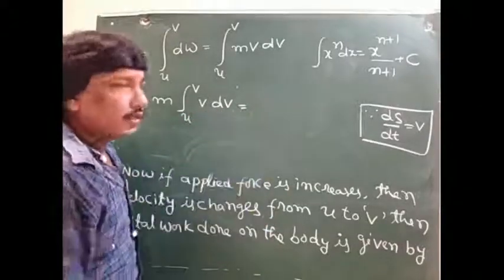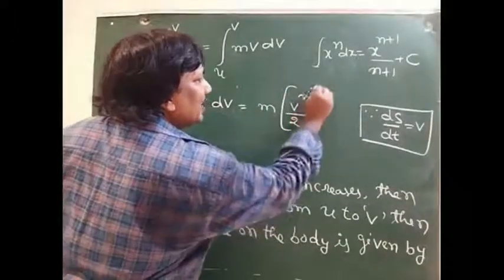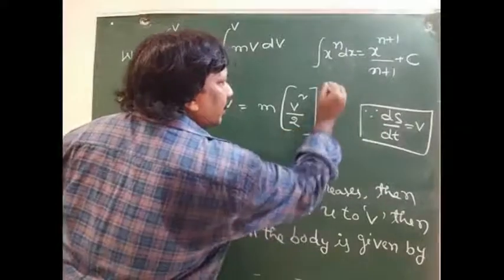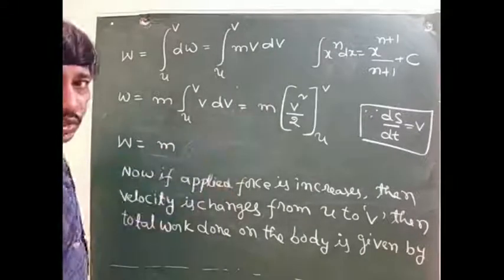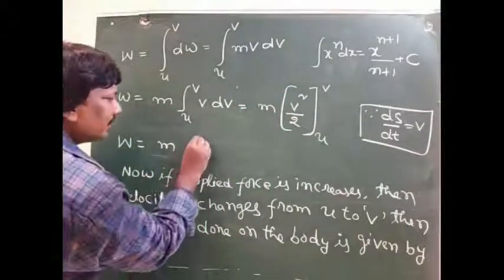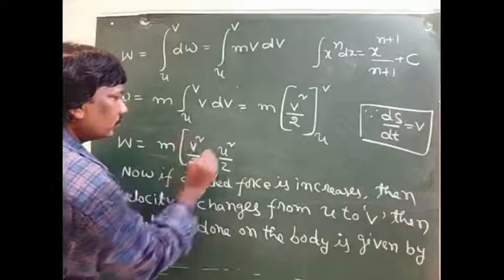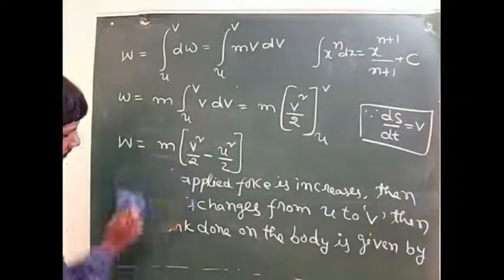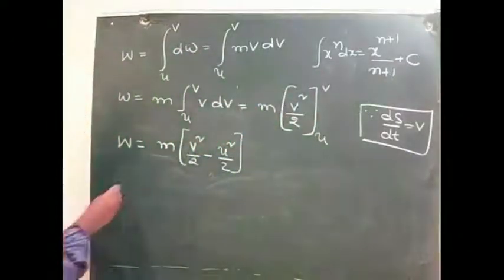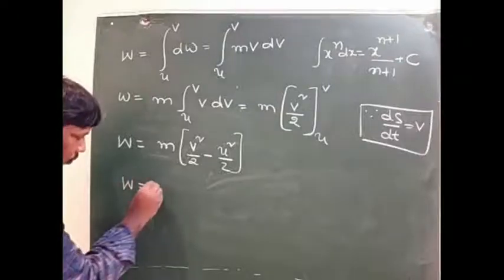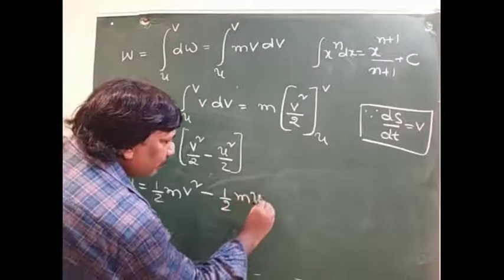So here W equals m into v square by 2, with limits u and v. Now W equals m into, first of all we substitute the upper limit, v square by 2, minus the lower limit, u square by 2. Then it can be written as W equal to 1 by 2 m v square minus 1 by 2 m u square.